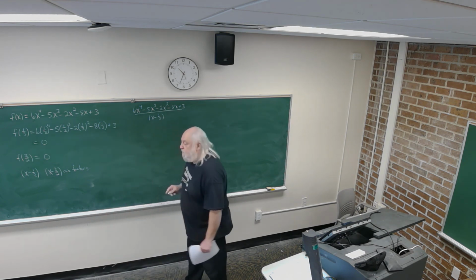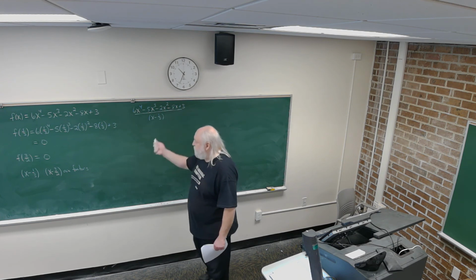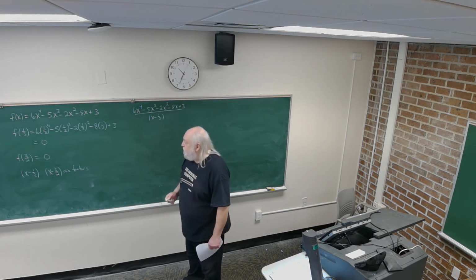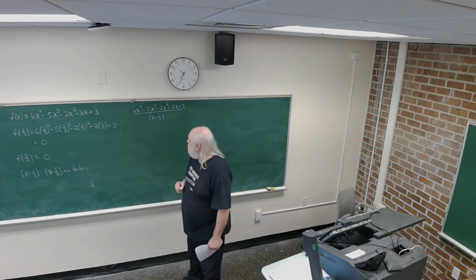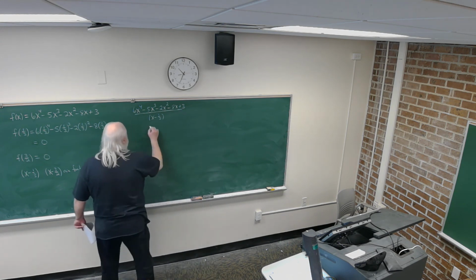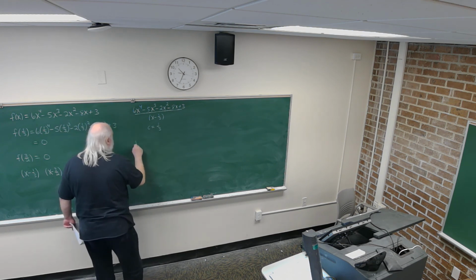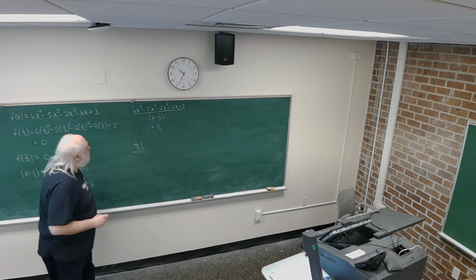And that will give us a quotient. And then we take that quotient and divide it by x minus 3/2. And that will give us the quadratic that we're missing. So c is equal to 1/3 in this case, so 1/3 goes in the box.